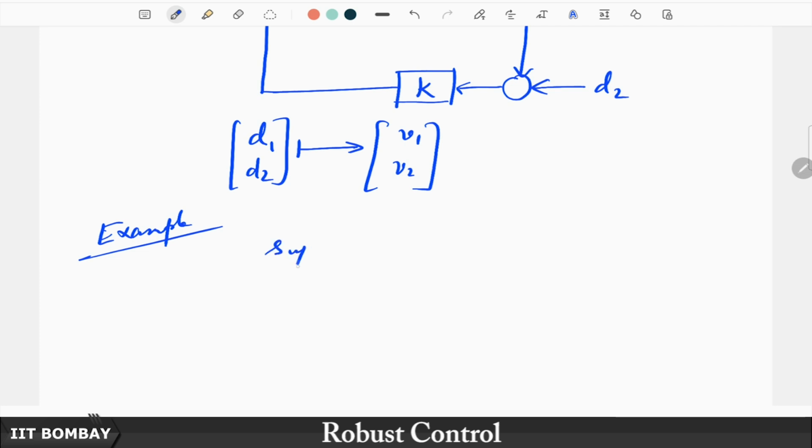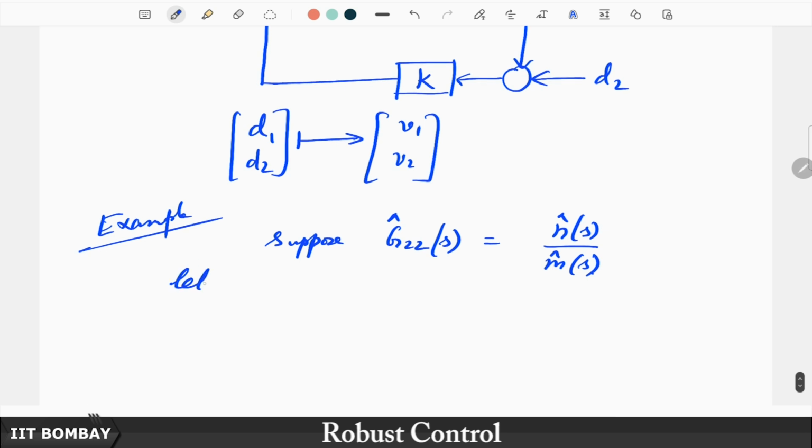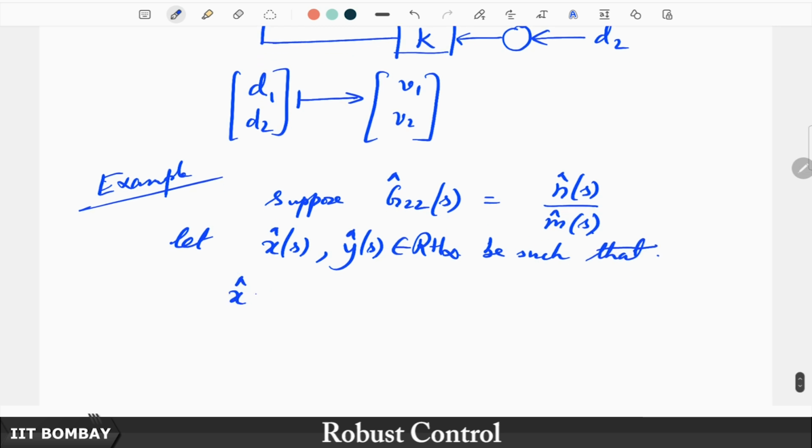So, suppose the G22 of s is given by some such transfer function, a rational function, okay, and let x hat, y hat in RH infinity be such that we have x hat m hat.